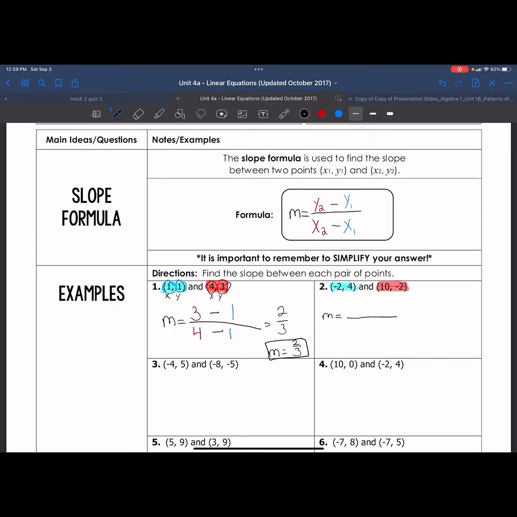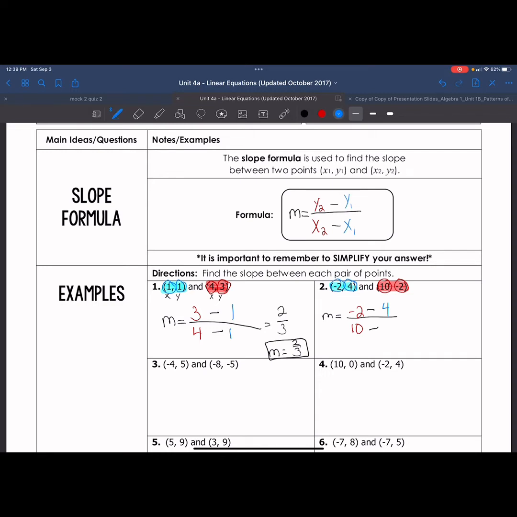So here we go. y2 is the y in the second point, which is -2, minus y1, which is 4. Then we have x2, which is 10, minus, and here we go, our x1.